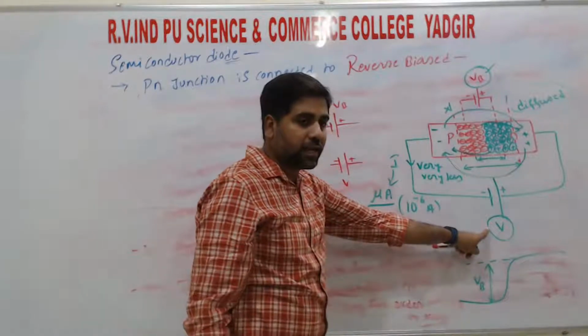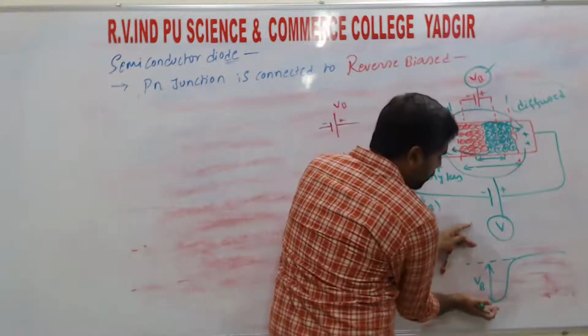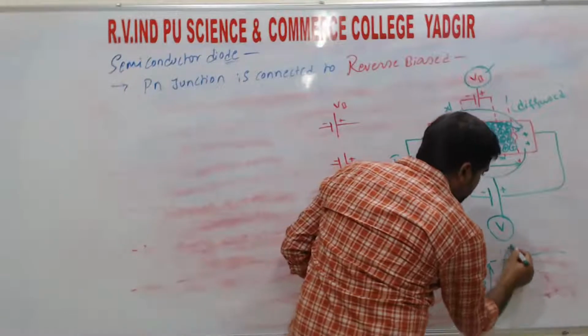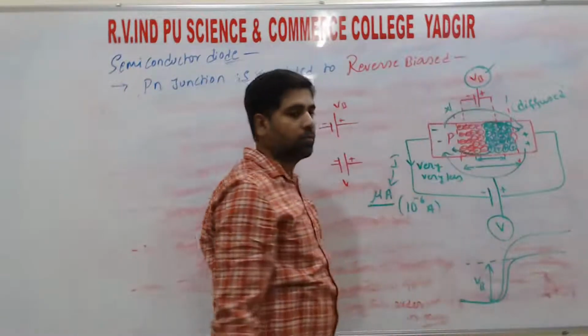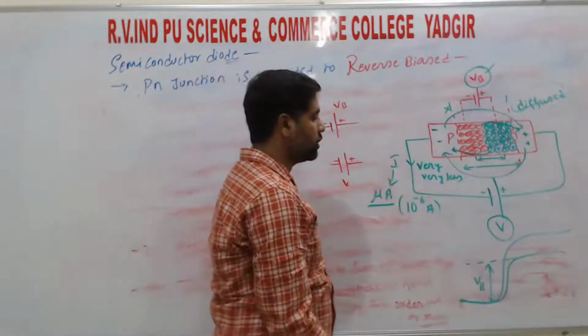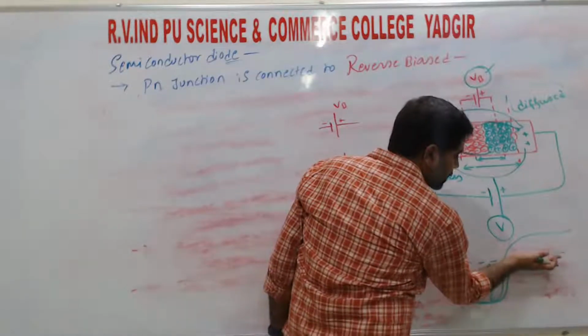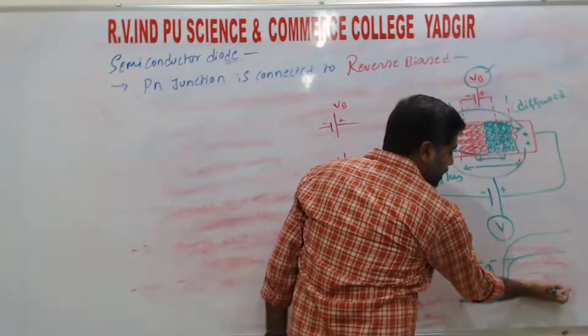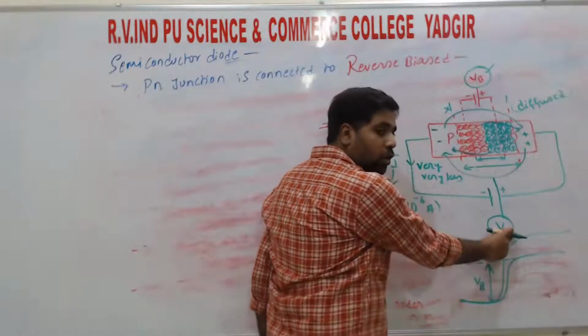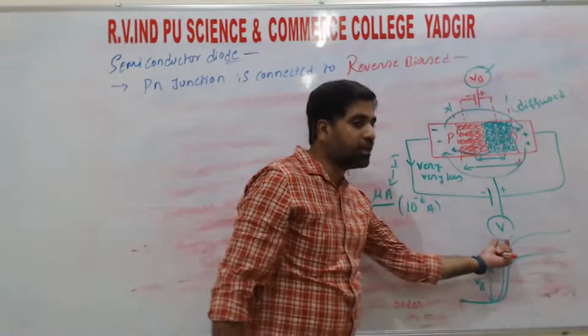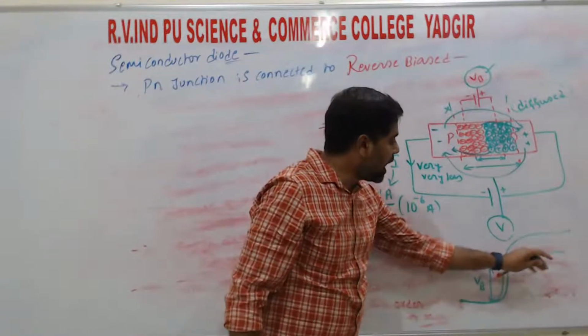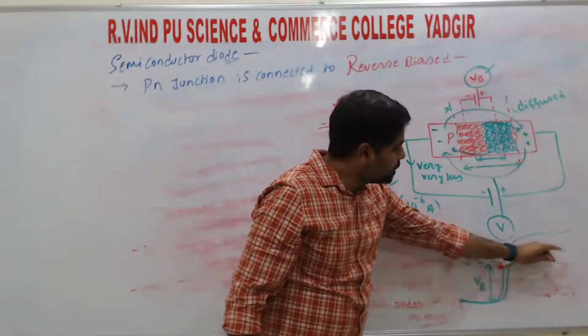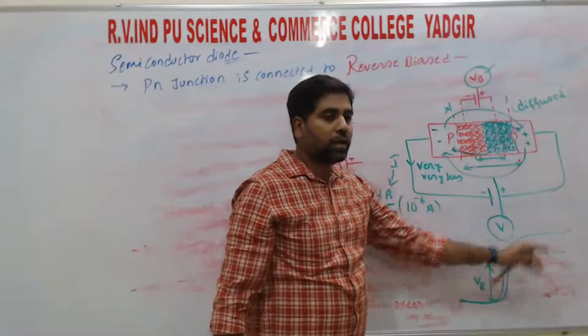As this voltage increases, the height of the barrier potential also goes on increasing, right? So in forward bias, what happens? The height of the barrier potential goes on decreasing as we increase the voltage. But here, as we increase the voltage, the height of the barrier potential again goes on increasing.